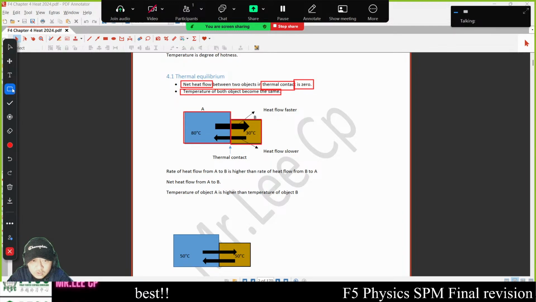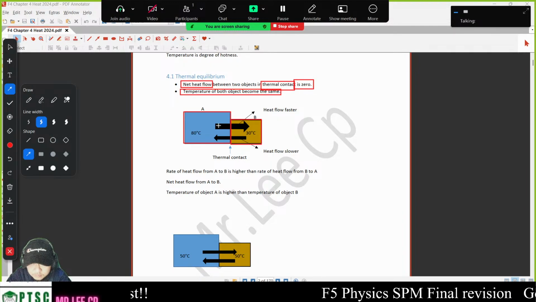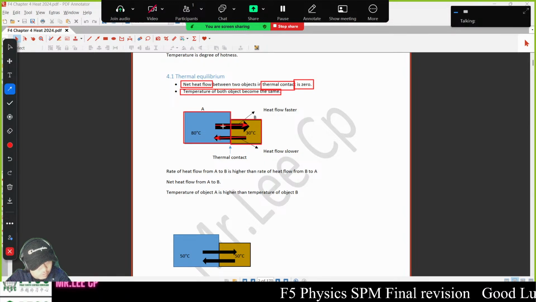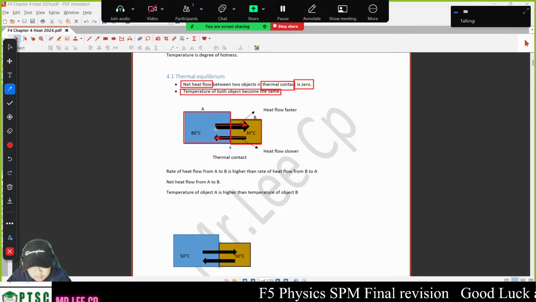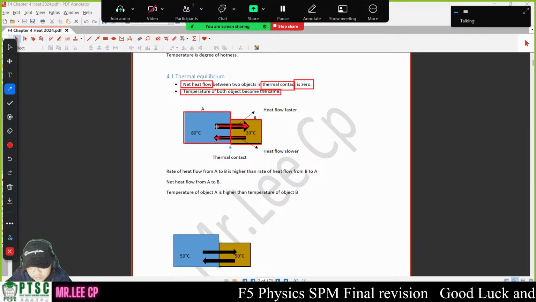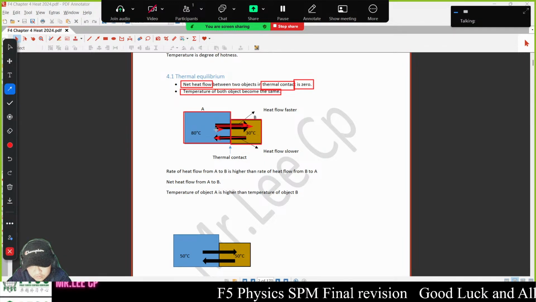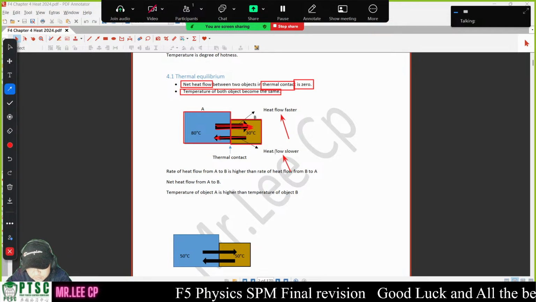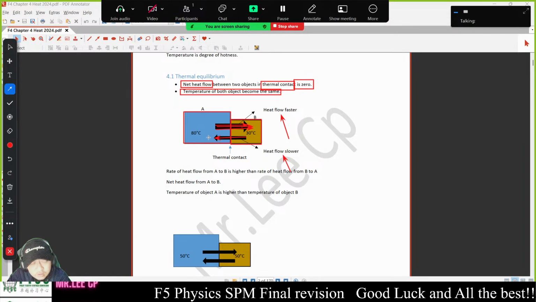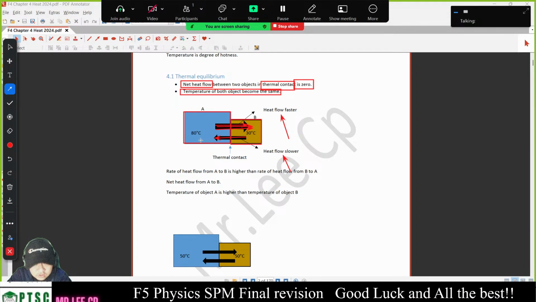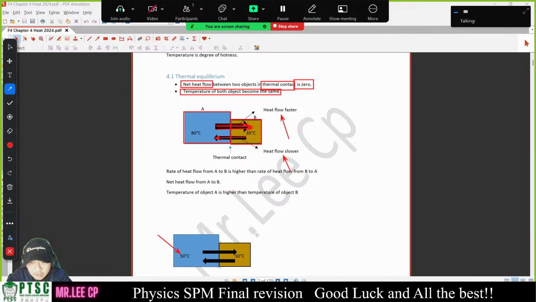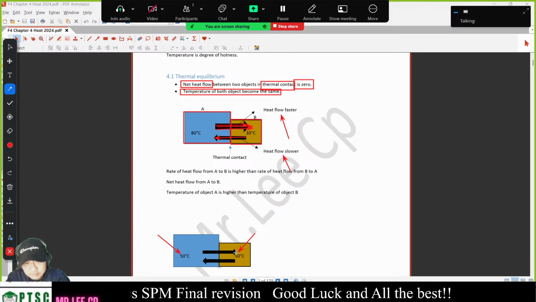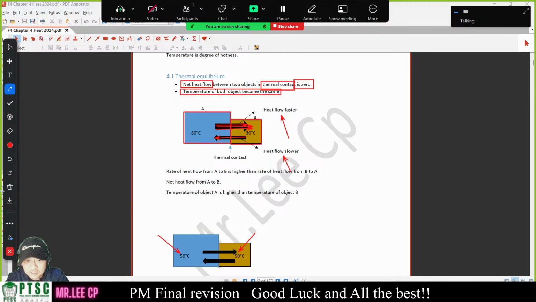The heat will flow from hot to cold and cold to hot also, but the rate means how fast it is. The rate of heat flow from hot to cold is fast, and the heat flow from cold to hot is slow, until they reach the same temperature. When they reach the same temperature, we call it thermal equilibrium.